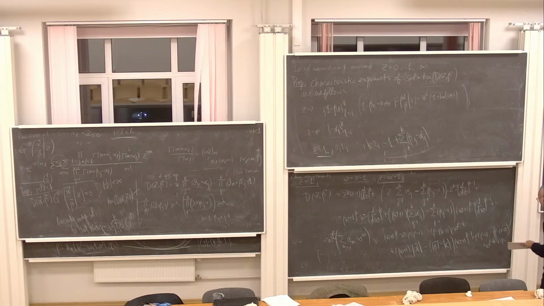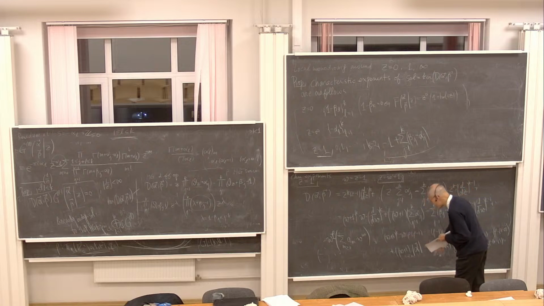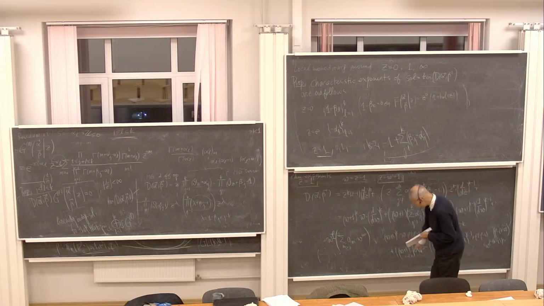That is, the first term is w to the power rho minus k plus 1. Others are higher order.